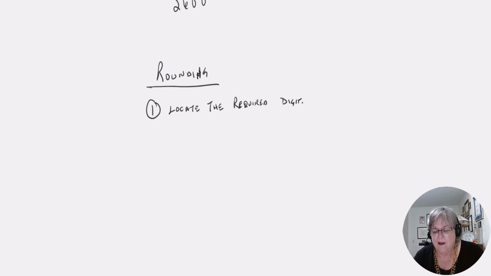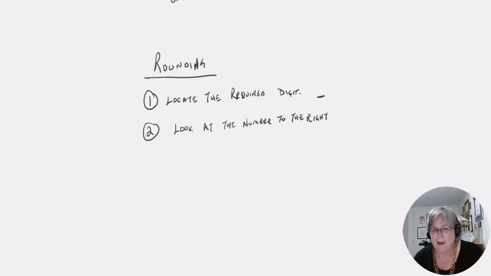I locate it and I designate it with an underline, so I can keep my mind on what I'm doing. Okay? Then we look at the number to the right. We don't look at every number past that one. We look at the number immediately to the right.